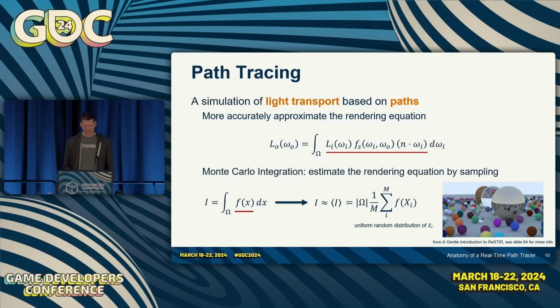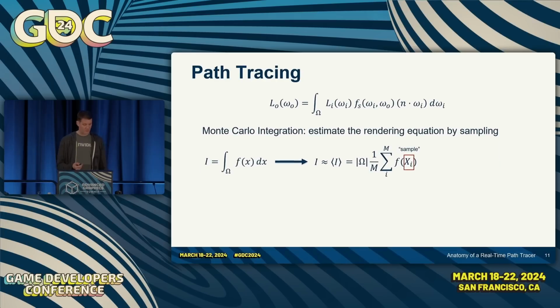So if you've ever been confused by this overloaded use of the word sample, this is it, x sub i. That is a sample. That's what we mean by sample in this context for this talk. Now you might think, well, what is that? That's just a function. I don't know what that is. We're graphics people.